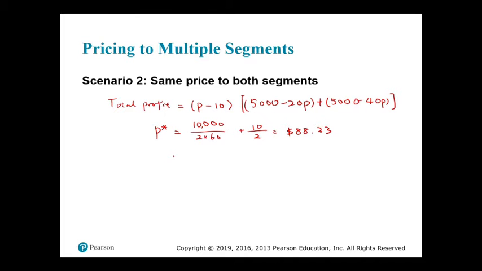So again, if you plug this into the demand functions, D1 would be 3233.4 and D2 is 1466.8.